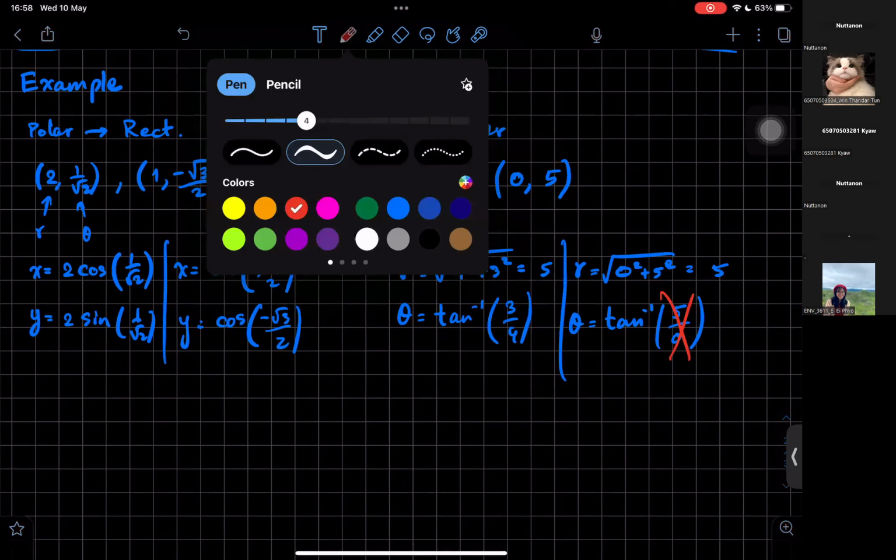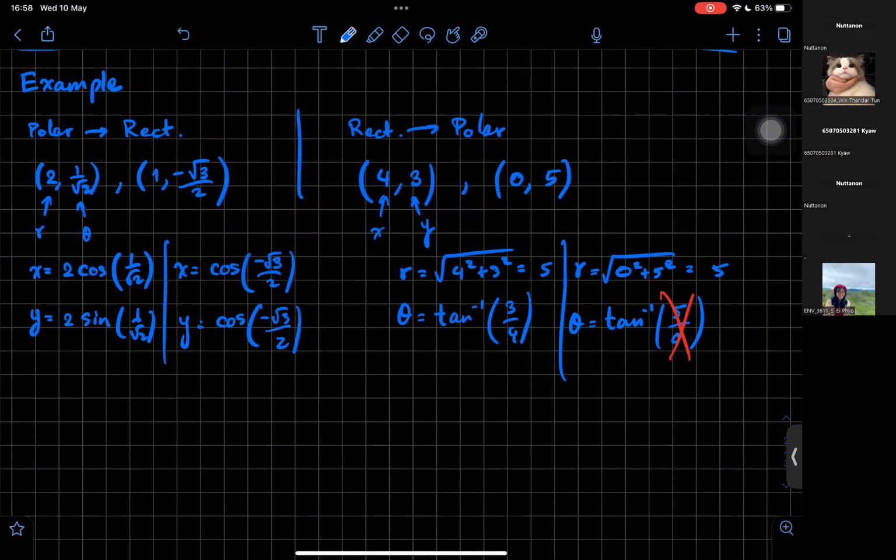So if x is equal to 0, then it will be on the vertical axis, like this one. And you can see that if it's (0, 5), it is over here, right? So this thing will be pi/2.